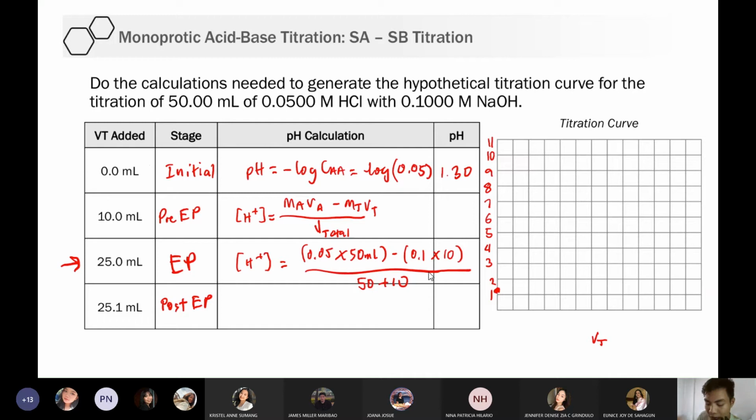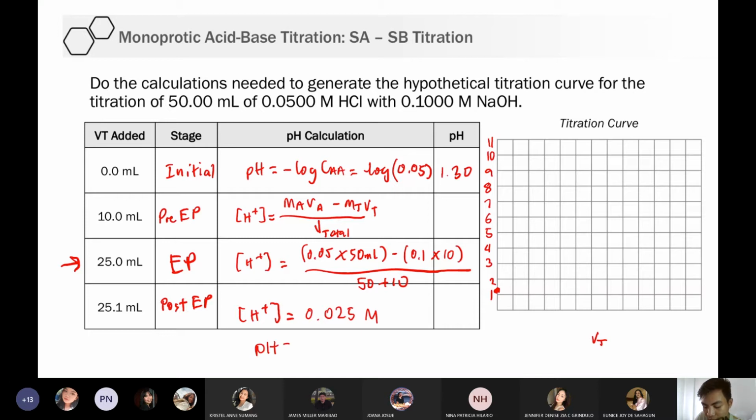Okay, so yan. Given that equation, we can now solve for the concentration of H plus. 0.05 times 50 minus 0.1 times 10 divided by 50 plus 10. So, the concentration of H plus is 0.025 molar.